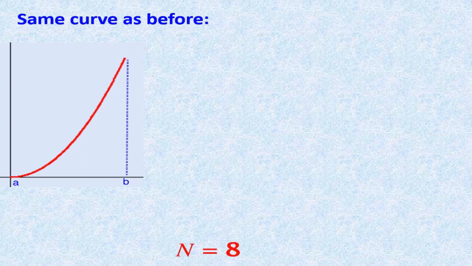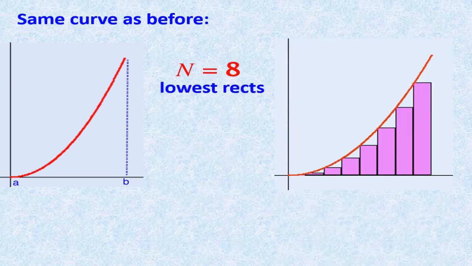Here, as n goes to 8, there are 8 rectangles, and we also have triangles there. In short, we have the rectangles: the first, second, third, fourth, fifth, sixth, seventh. And we have the triangles here, 1, 2, 3, 4, 5, and 6.